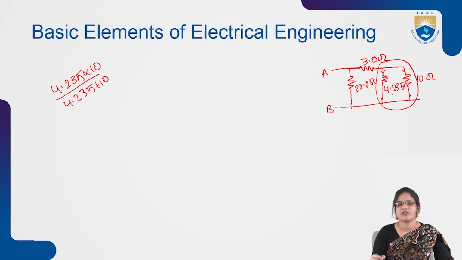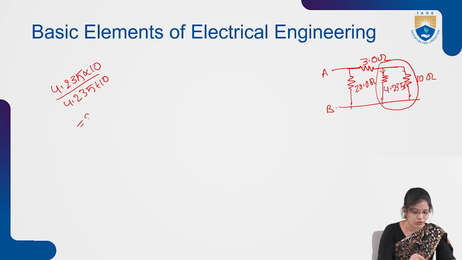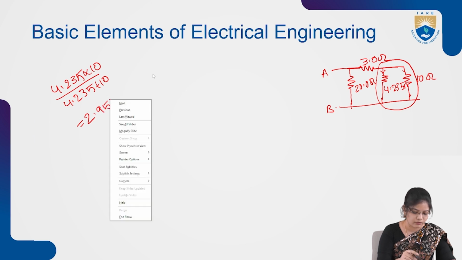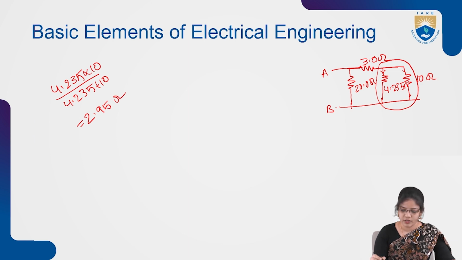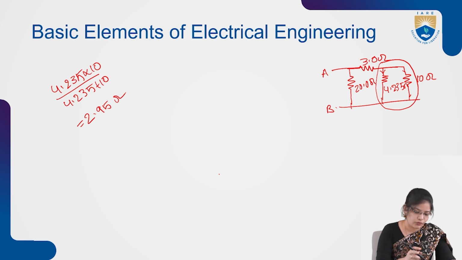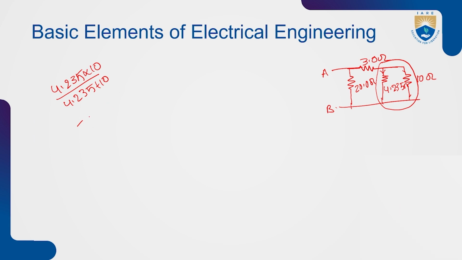I have written this equation according to the parallel combination. The value will be 2.975. So after reducing this circuit, the value will be 2.975.